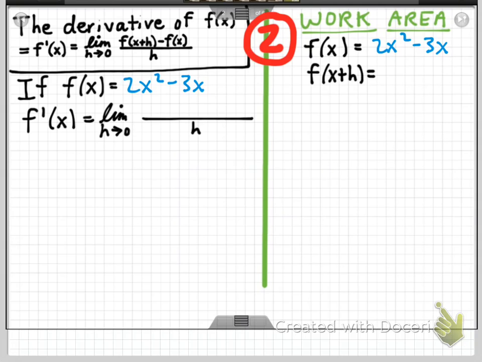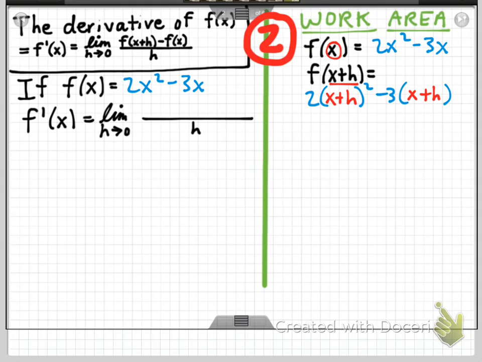And so our f of x plus h is 2 times something squared, minus 3 times that something. And again, that something is your x plus h. So your x plus h goes right there, and right there, because that's what it says.